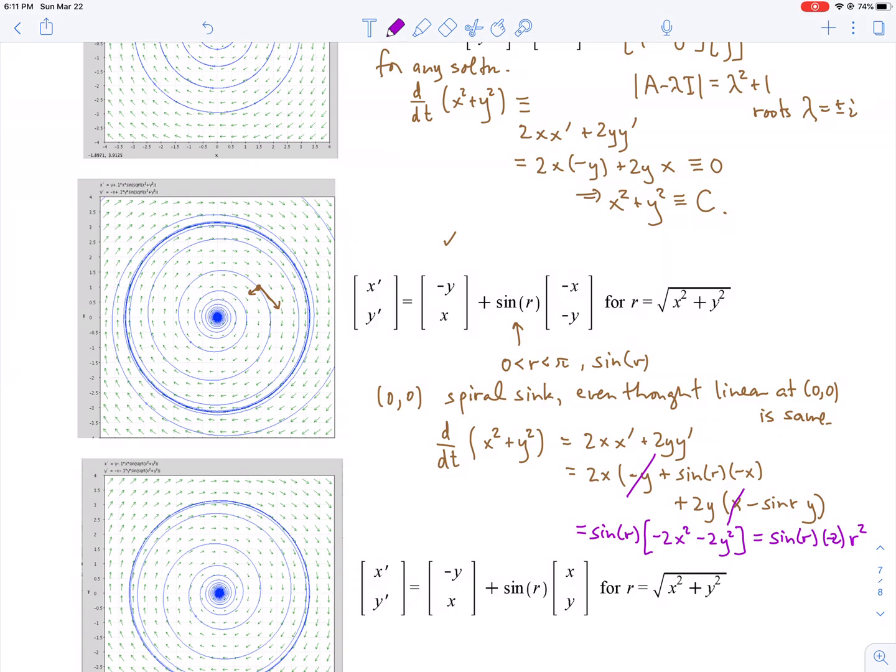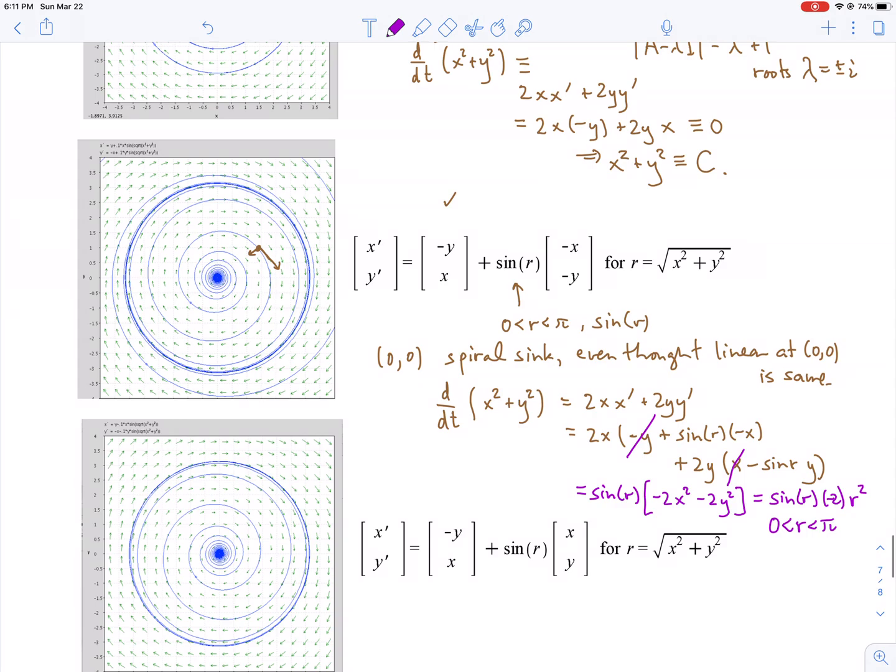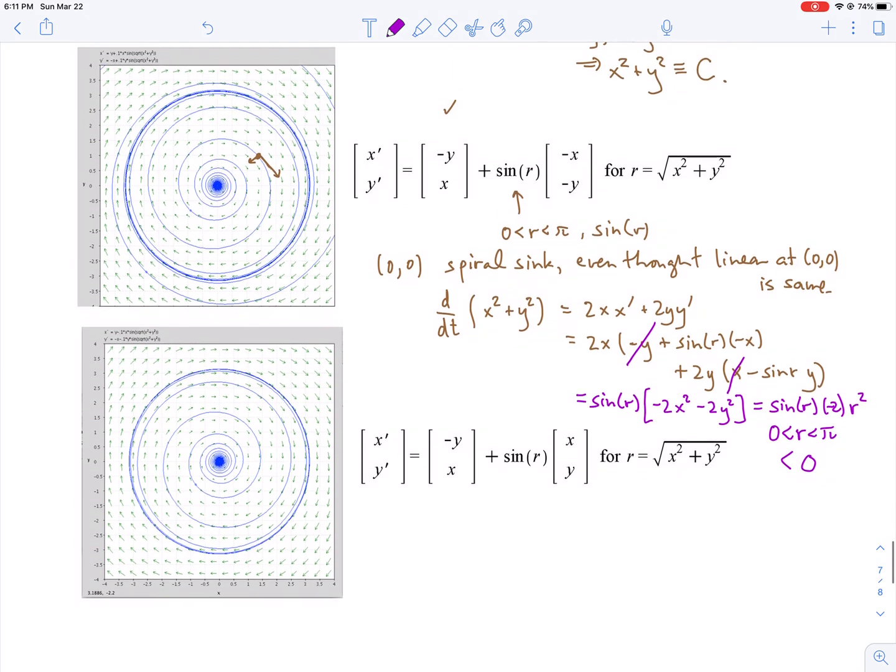So if r is between 0 and pi, sine of r is positive, and this is strictly negative. So that says r squared is decreasing on the solution trajectories, and with more work, you could actually prove that r squared is going to 0. And so that's why you get the spiral sink there.